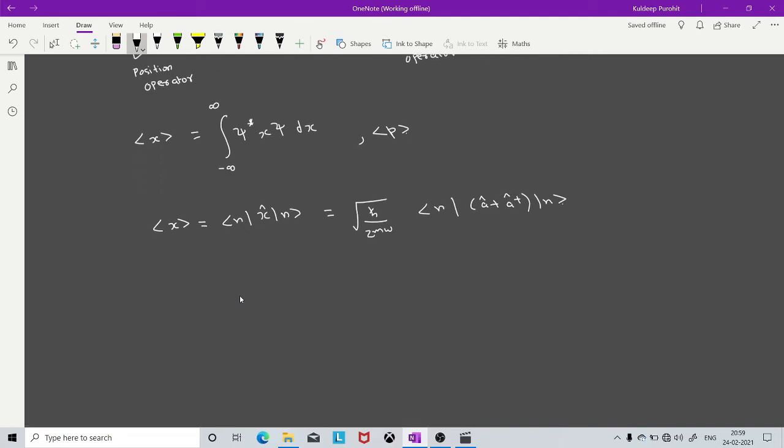So this will be the square root of h cross by 2m omega times bra n a ket n plus bra n a dagger ket n.